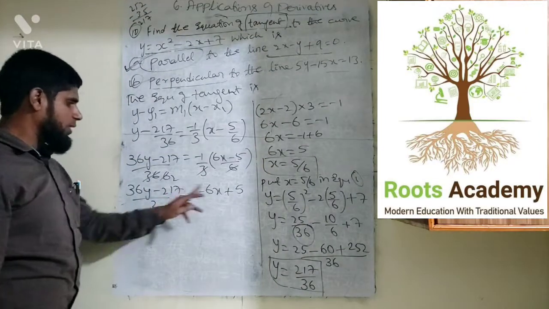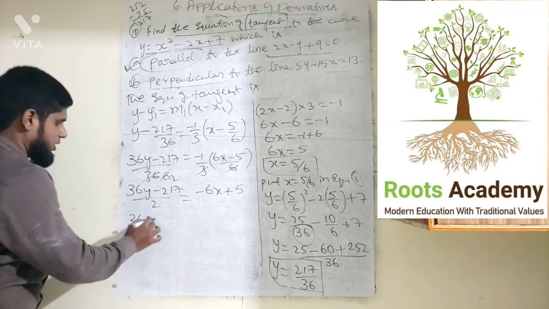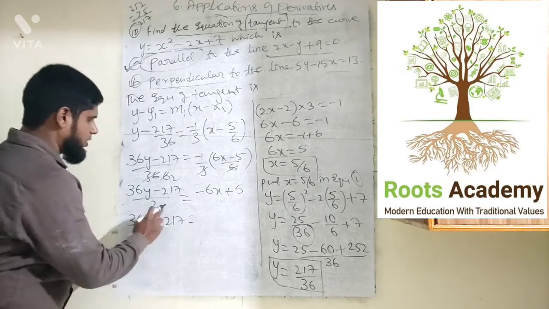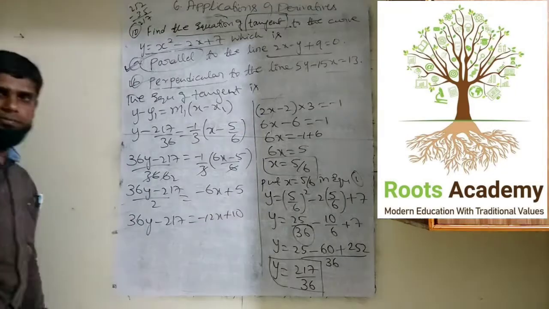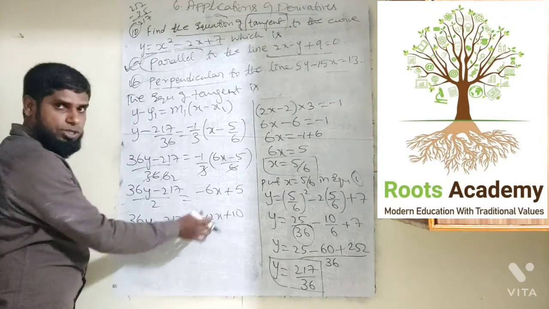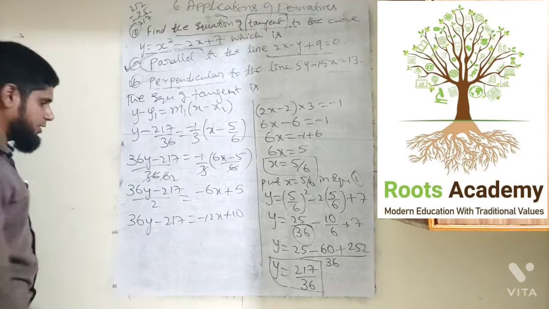Finally I will do the cross multiplication of this 2 to the other side. It gives 36y minus 217 is equal to minus 12x plus 10. Now I will shift these 2 terms because I always want x positive. I will shift these 2 terms towards my left hand side.